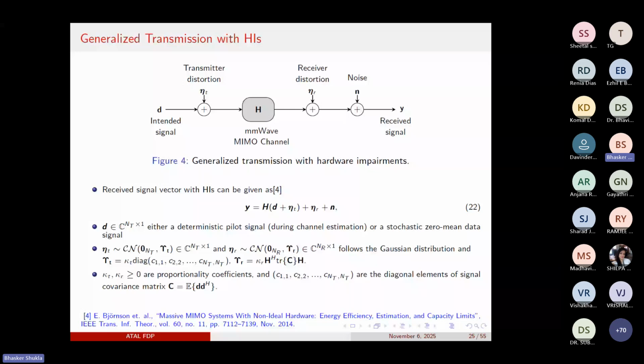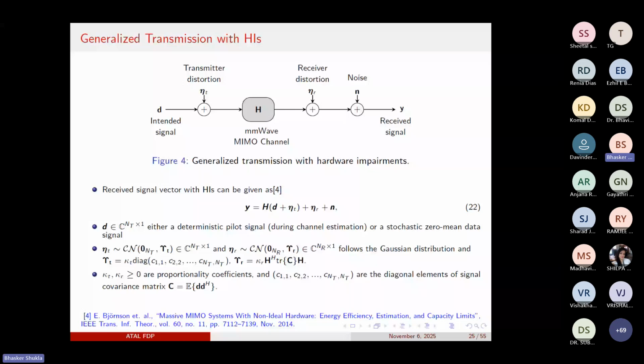So this is the basic generalized transmission with hardware impairments. Here D is the intended data, suppose it is a pilot, and eta T is the transmitter distortion, eta R is the receiver distortion, and N is the AWGN noise.